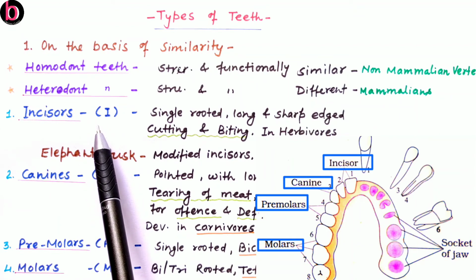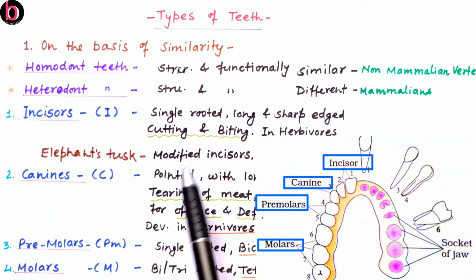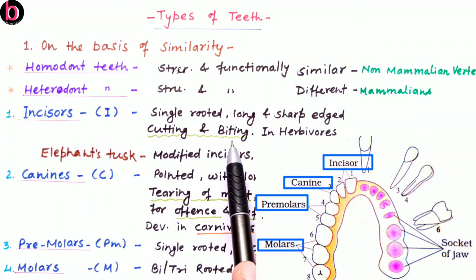First, incisors. They are represented by the letter I. They have a single root and their crown part is long and sharp. You can see the incisors in the diagram. Their function is cutting and biting. These teeth are predominantly developed in herbivores as well as rodents.